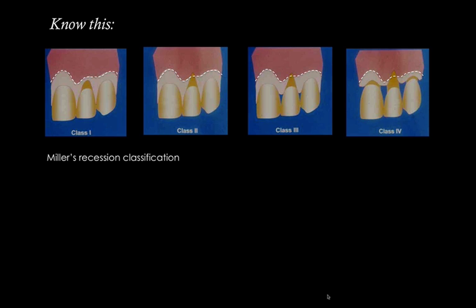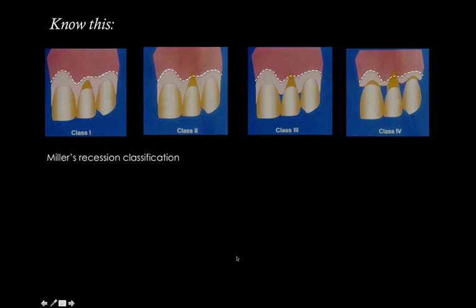A Miller Class 1 recession is the one that does not reach the mucogingival junction. It's coronal to it, and it's very important to identify the junction when you're treating your patients. A Class 2 is a recession that extends to the junction and possibly beyond.